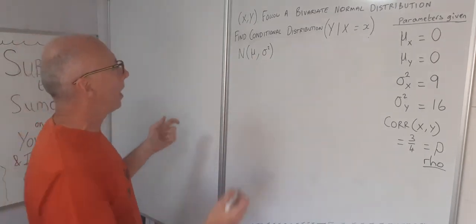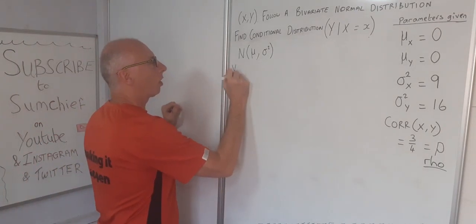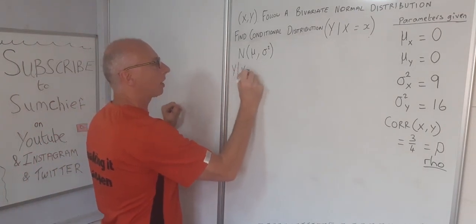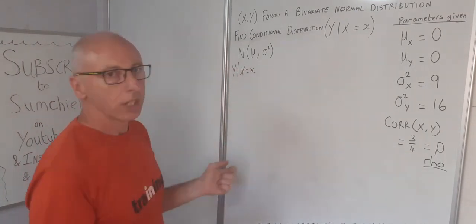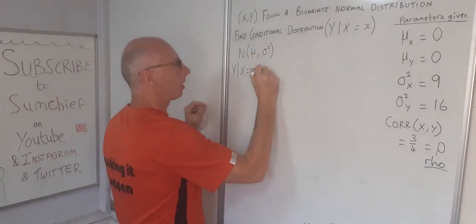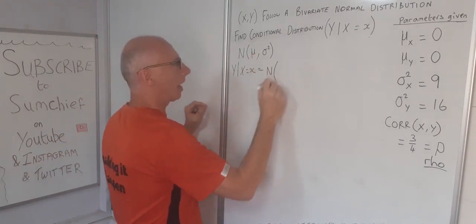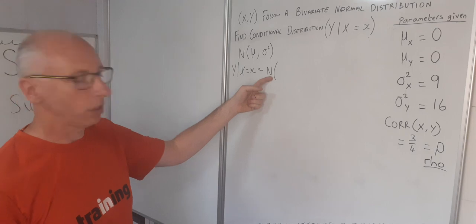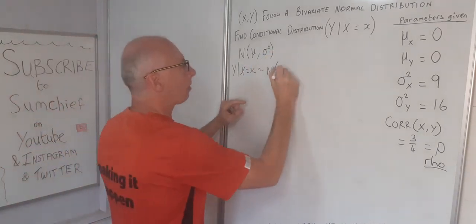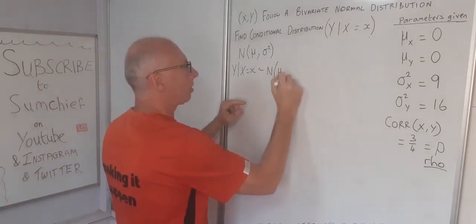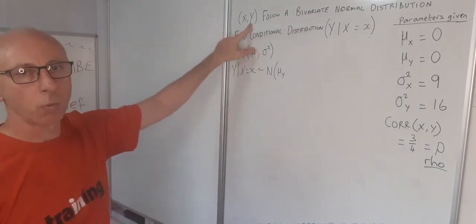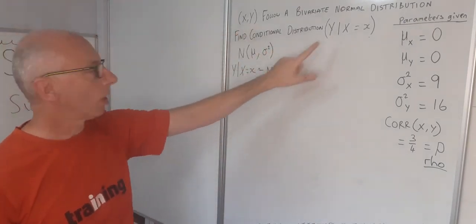So the way we go about that is that Y given X equals x, the distribution for that is written as N, again signifying normal distribution, and then we start off with the mean of the random variable Y, because that's the one that we've got first.